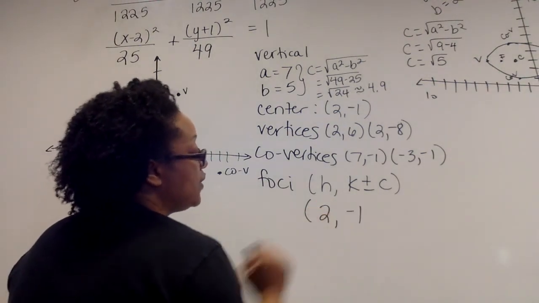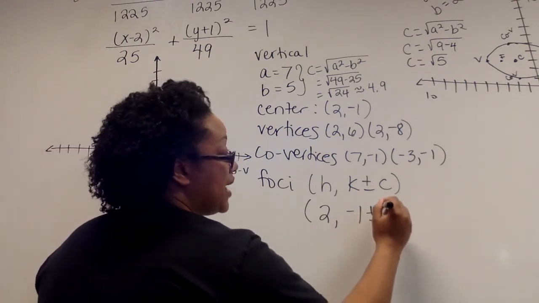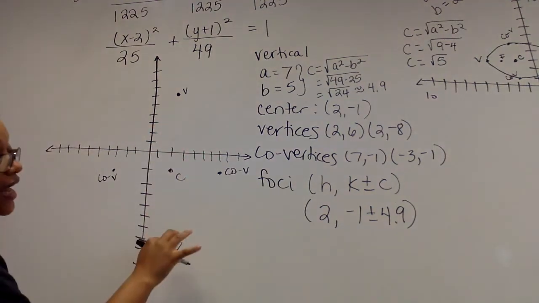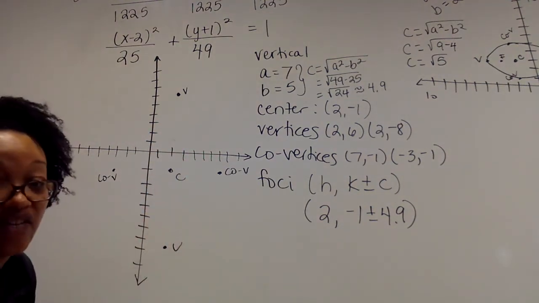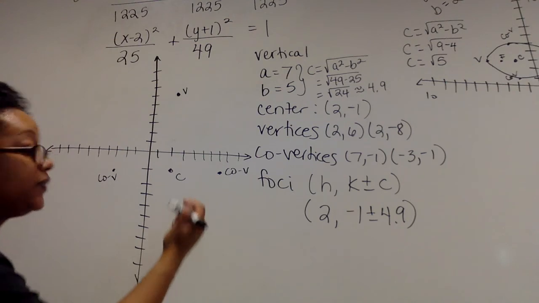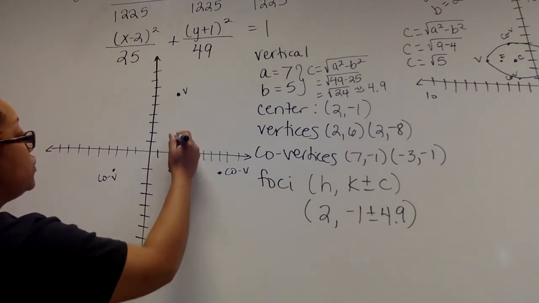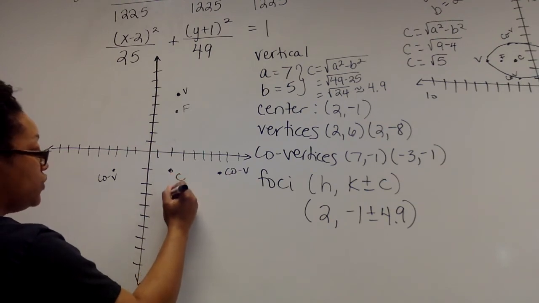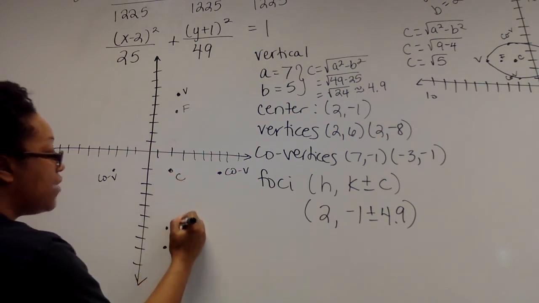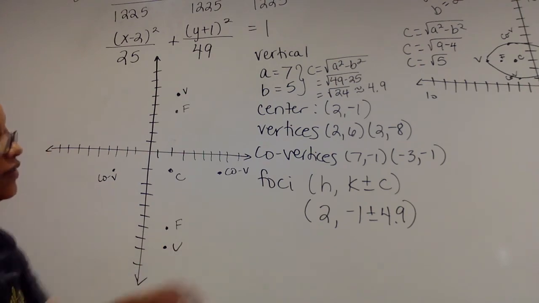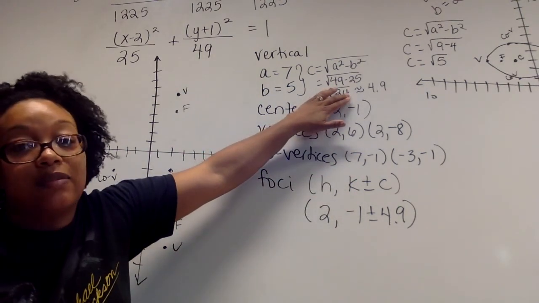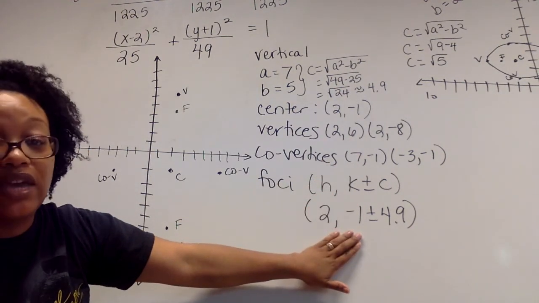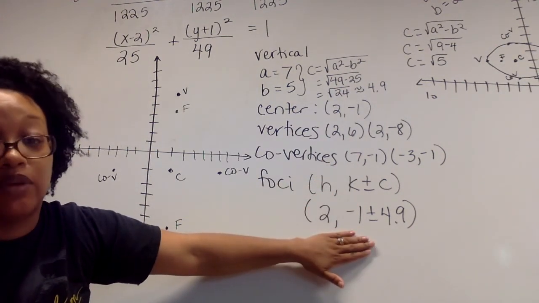My K is -1. And then that's going to be plus or minus around 4.9. So if you were to count up or down, I would say count 5 from the center. 1, 2, 3, 4, 5. There's my focus there. And then down, 1, 2, 3, 4, 5. Now again, for your focus, you can either get the approximate and count, or you can give me the exact value. I don't care, but you have to give me coordinates for the focus points.